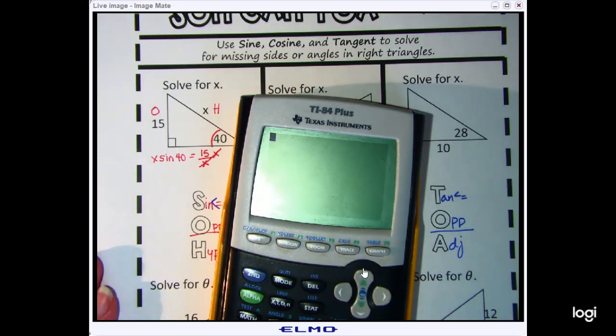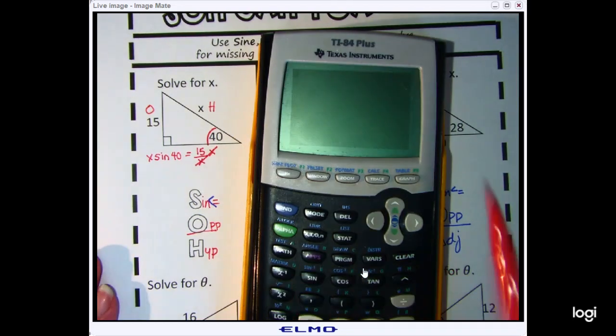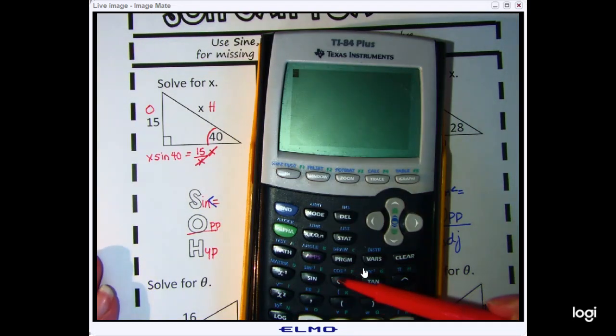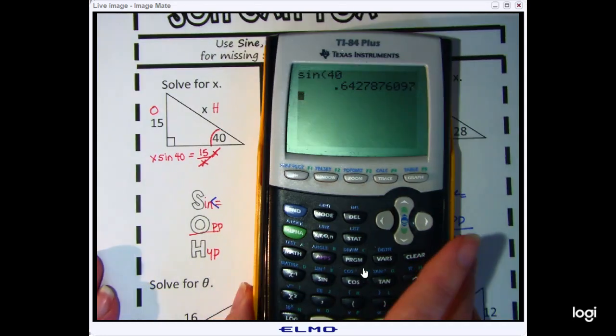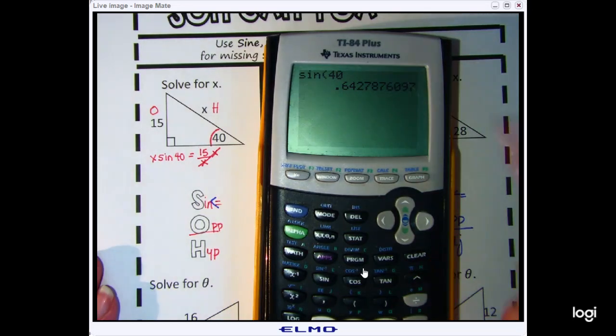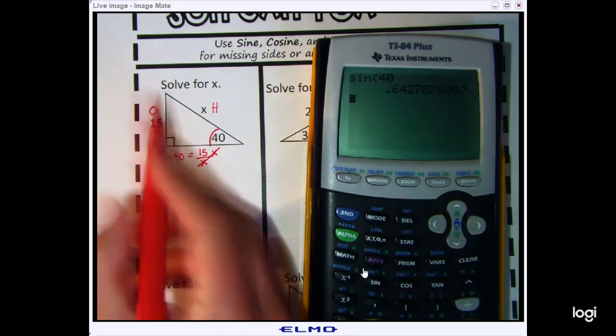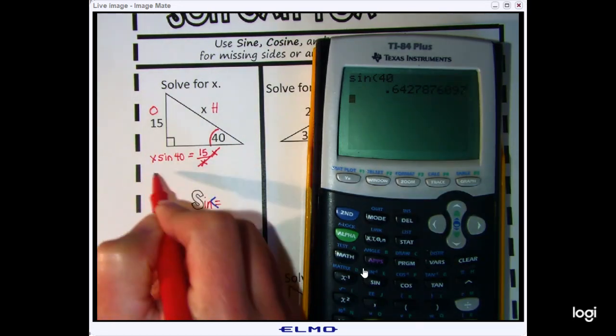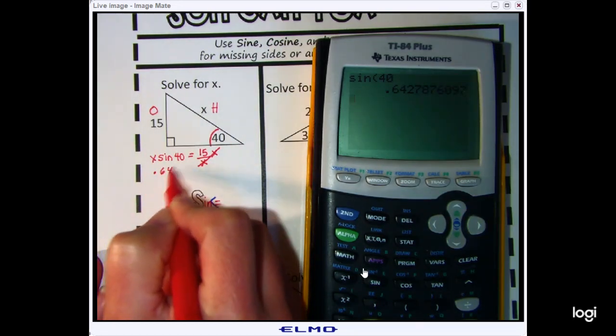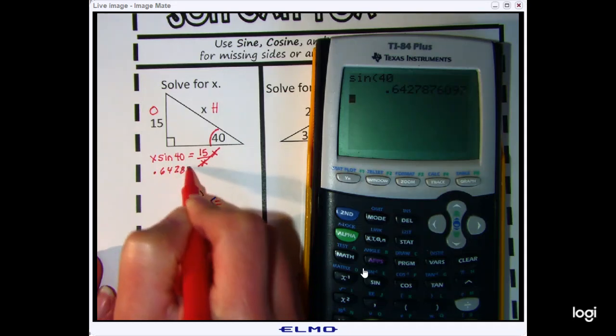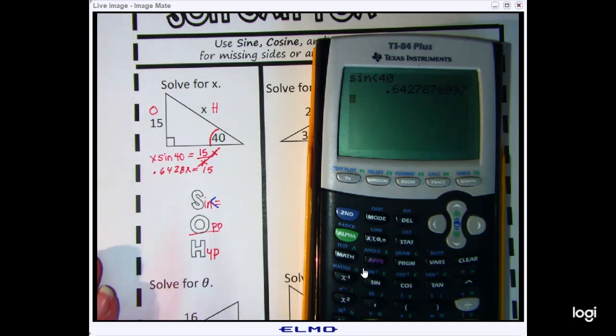Now I can say the sine of 40. And I get 0.6428. We're rounding to the 4th decimal spot. I can flip these now and say 0.6428x equals 15.